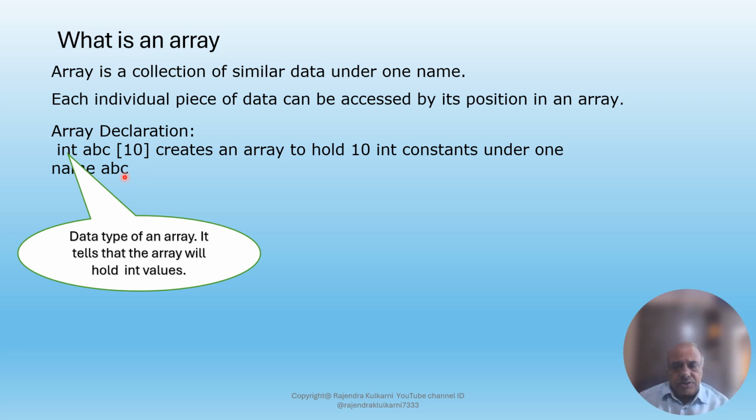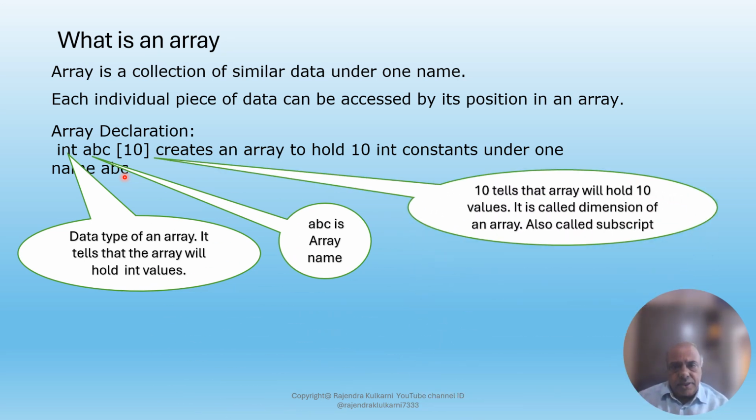When an array is declared, first its data type has to be declared, then its name, which can be anything, and then the dimension. The value written within subscripts is also known as the dimension of the array.